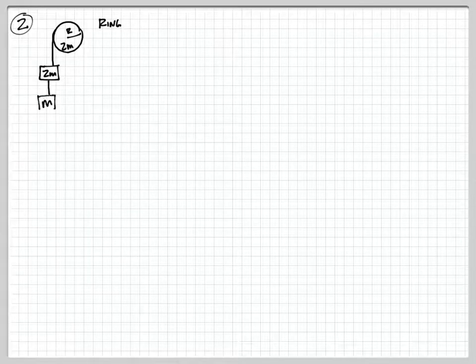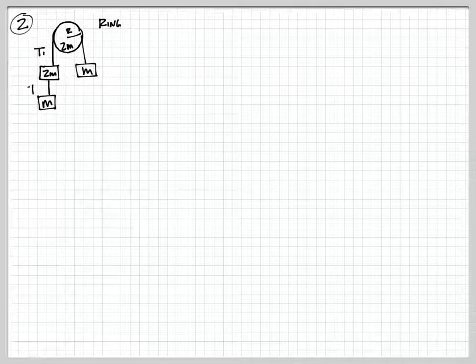Second problem, we're going to take a pulley and we're going to have a complicated system attached to that pulley. We have two masses hanging off of one end. We're going to have one mass hanging off the other end. And they have tension 1, tension 2, and tension 3.